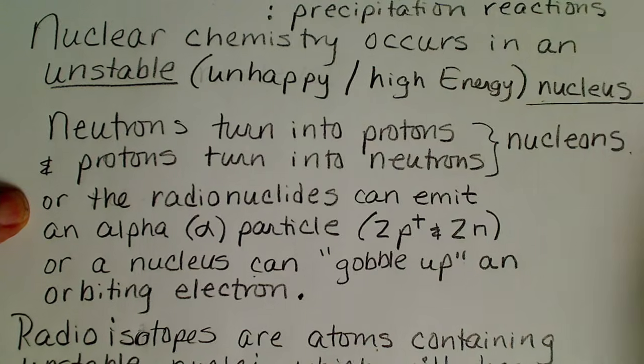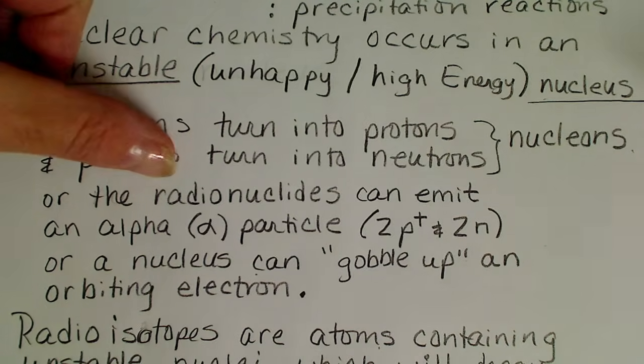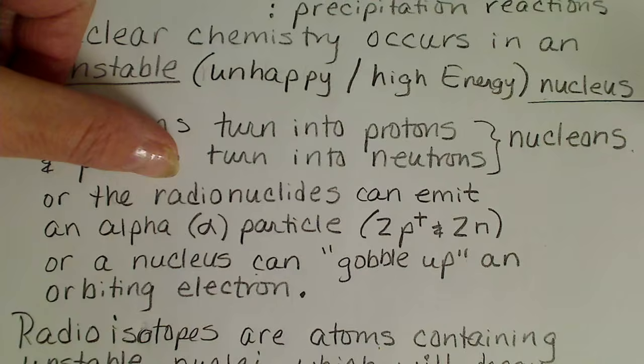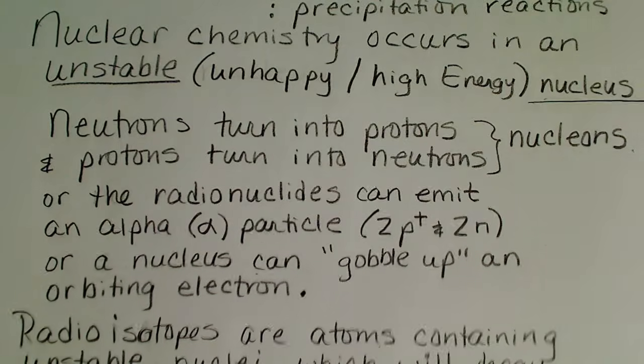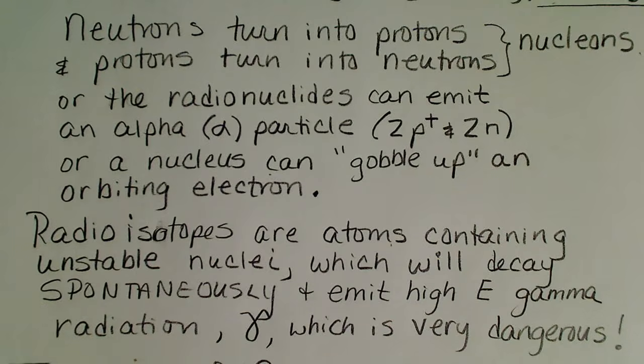Any nucleus that is unstable and stabilizes itself by one of these processes is called a radionuclide. And a radioisotope is the whole atom. So in most of this chapter, we are not even going to be concerned about the atom itself and the atom's electrons.